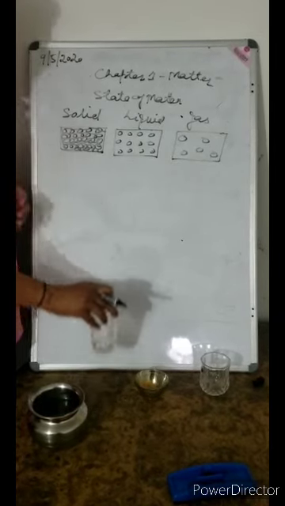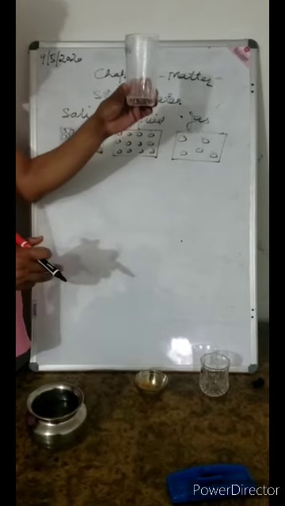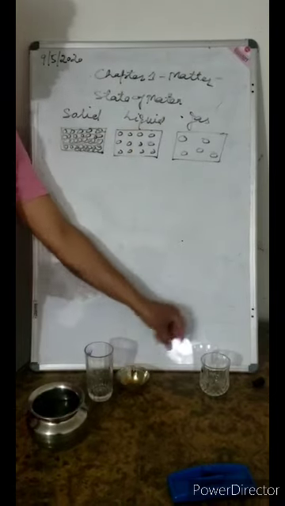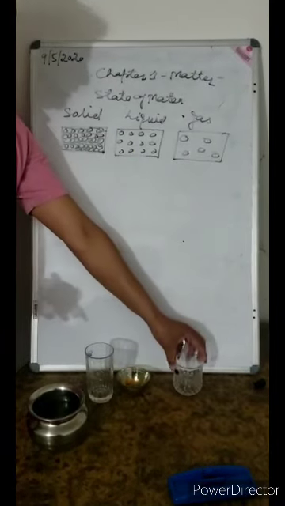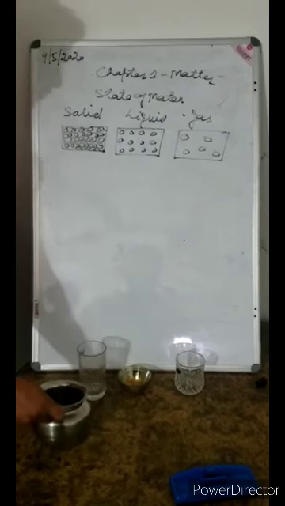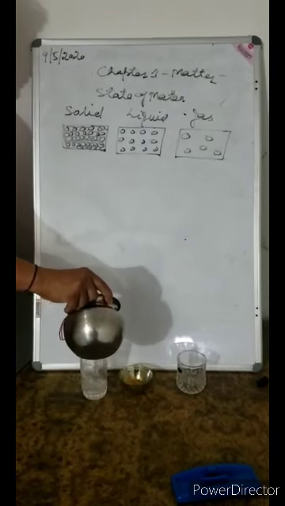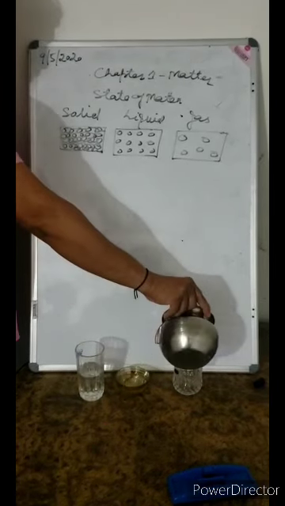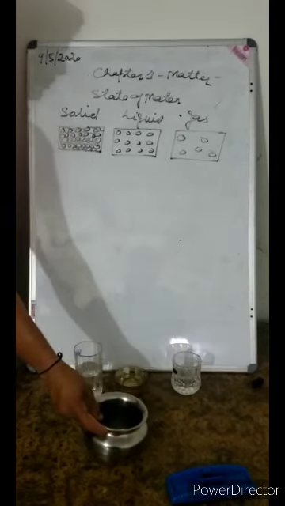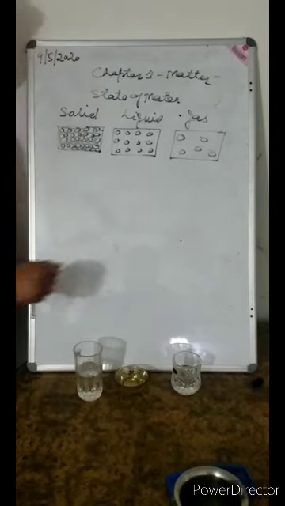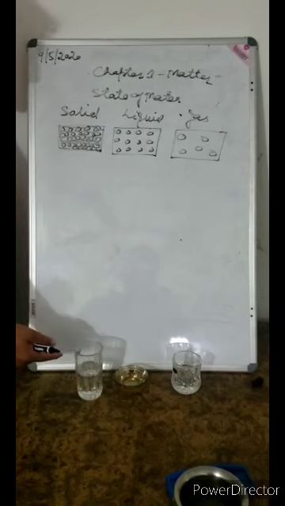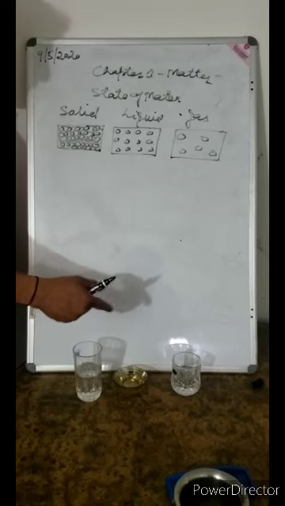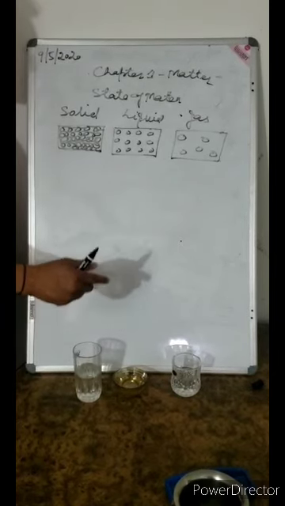So students, I am having 3 containers with me. One container is this, another is this, another is this. Now I am going to pour water in it. Now you will see that the water has taken the shape of the container in which it is poured. So we can say that the water does not have a definite shape.